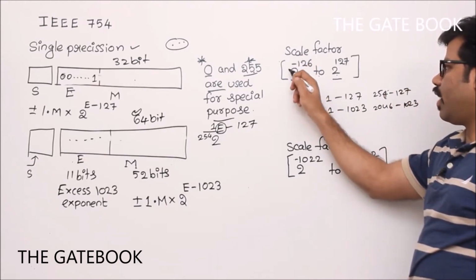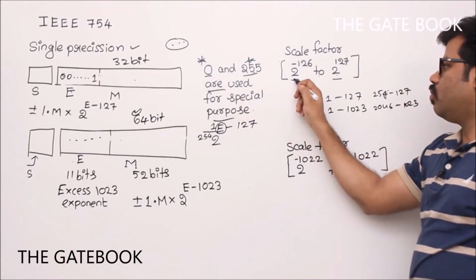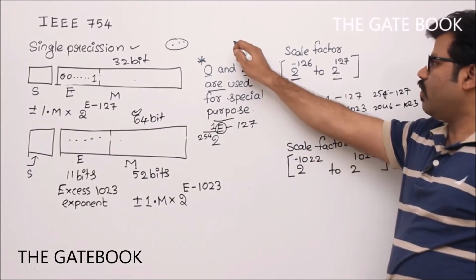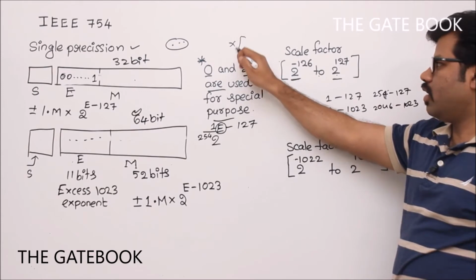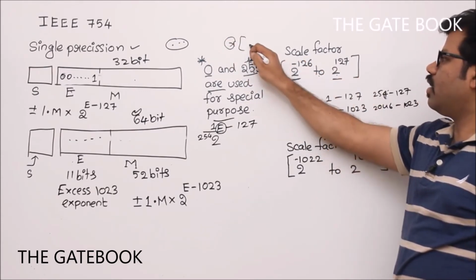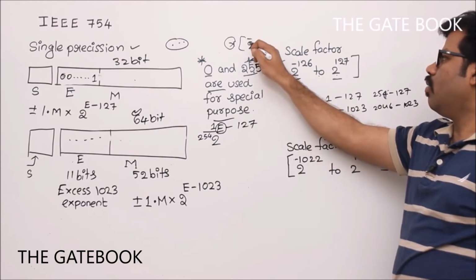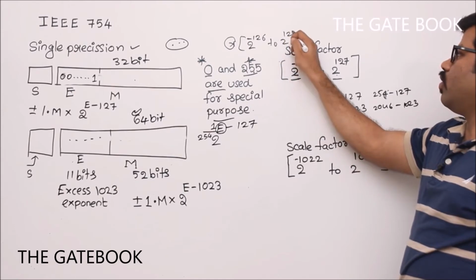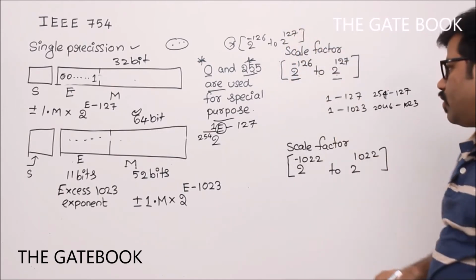That's why the scaling factor in this model is 2 power minus 126 to 2 to the power of 127. That means whatever the mantissa you have, the exponent portion or scaling factor is going to provide 2 power minus 126 to 2 to the power of 127. Okay, so that we should remember.